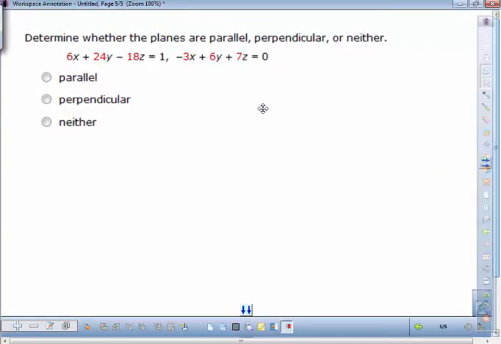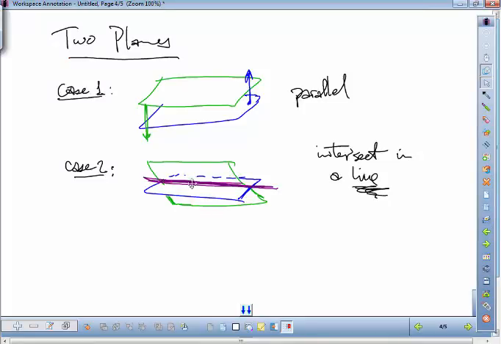Here, determine whether the planes are parallel, perpendicular, or neither. So I talked about parallel. I didn't talk about perpendicular, but perpendicular is just a measurement of an angle. I'm going to go back over here to this picture. If the two planes intersect, they would intersect in a line.